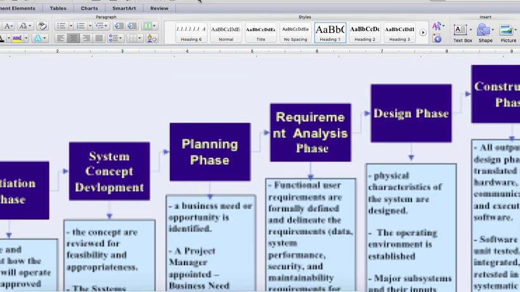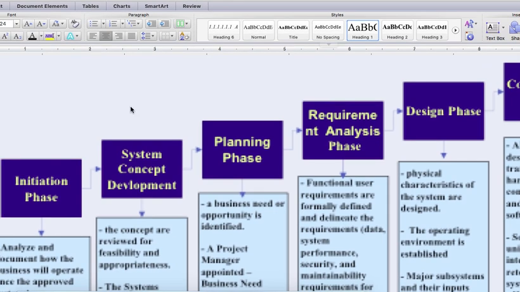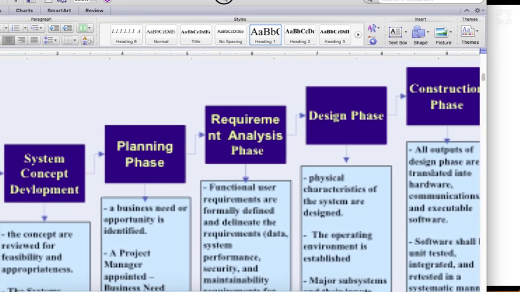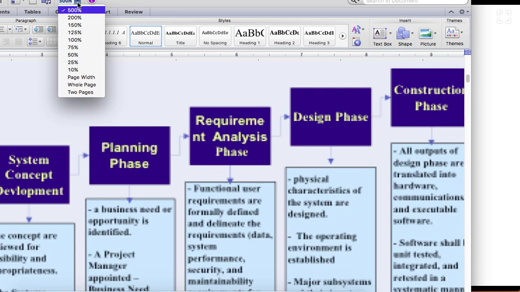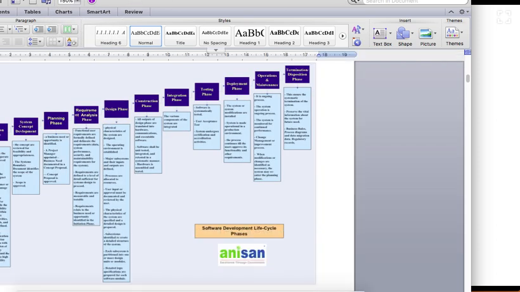Here we have mentioned the initiation phase, system concept development. Then we have the planning phase, then the requirement analysis phase, then the design phase, then the construction phase, and so on. I'll reduce that and let's go through these phases in detail.